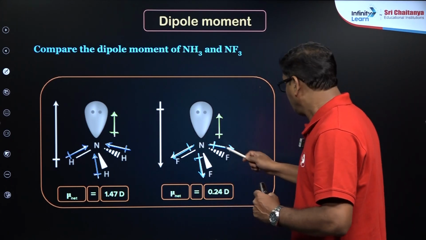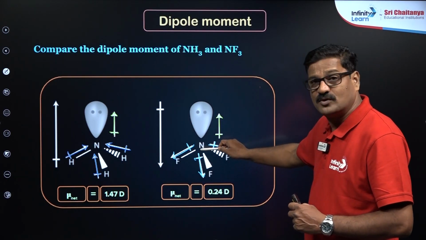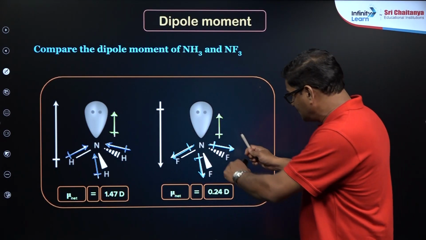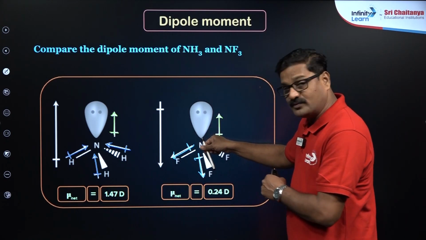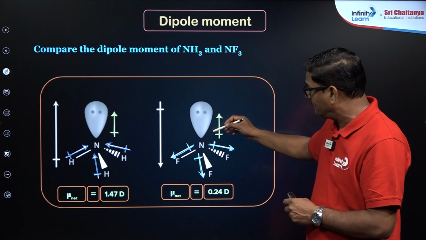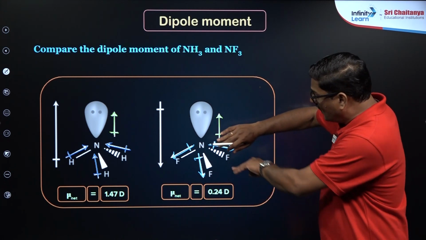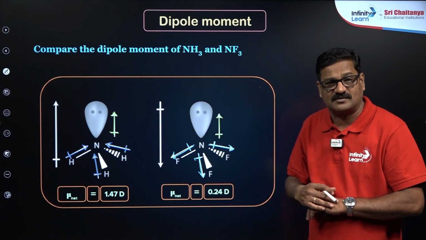Whereas in NF3, fluorine is more electronegative than nitrogen, so the bond moment between nitrogen and fluorine is coming outward as compared to the lone pair moment of this NF3. So there is an opposition in the movement of the electron flow.